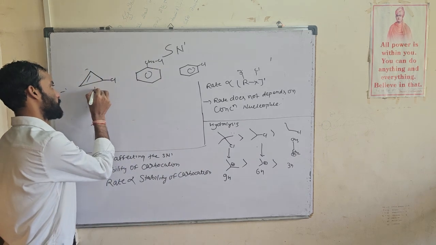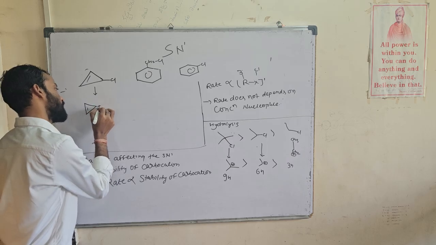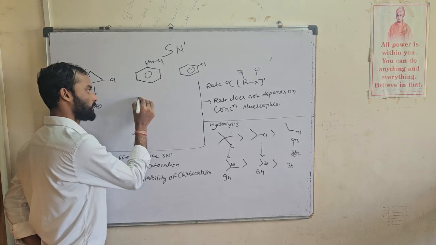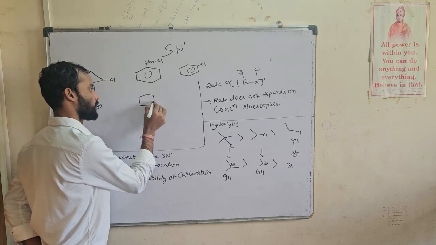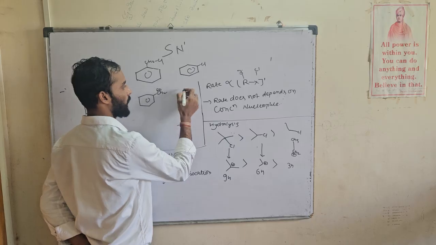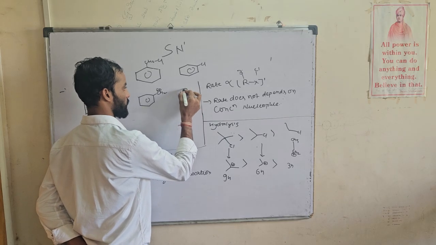So in the first step it will give a secondary carbocation, or we can say an allylic carbocation. This will give a benzylic carbocation, and this will give the carbocation which is present on the benzene ring.